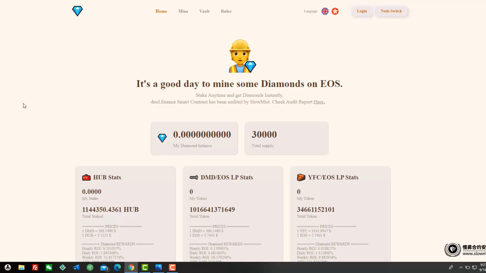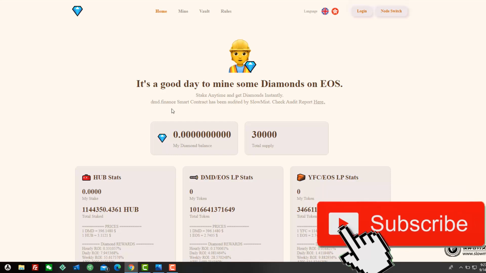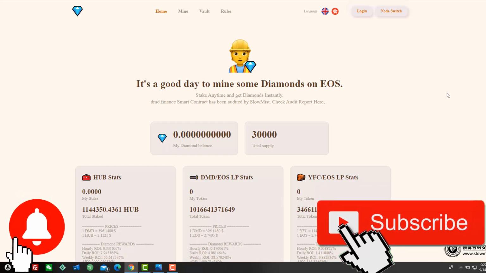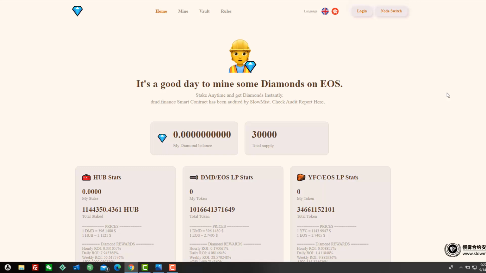First one is the DMD Finance. This is an EOS project. Now we're getting into yield farming with EOS, and with EOS there are no fees. However, with EOS there are three things which make it very clunky, and I don't know whether it's going to really take off. But what I'm seeing is these EOS projects popping up in China.